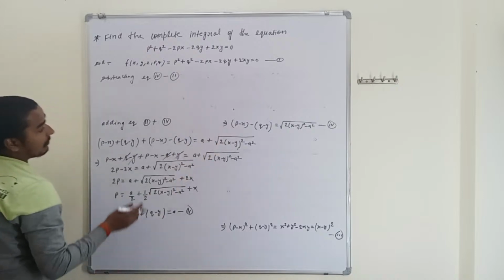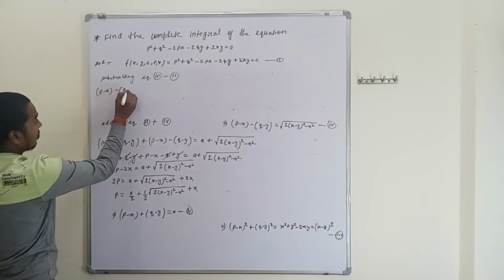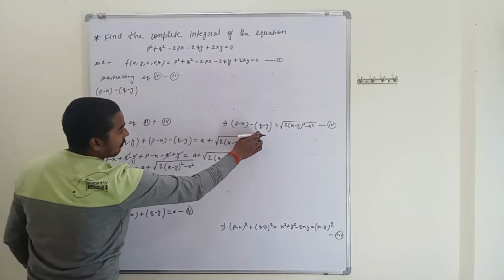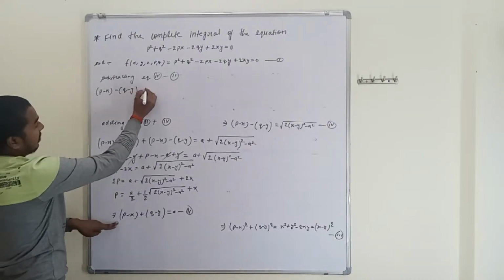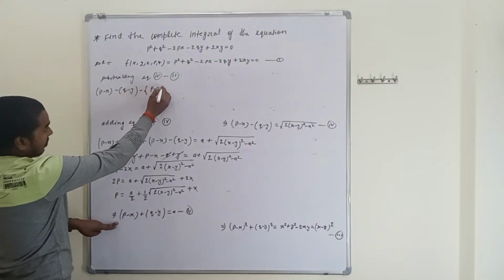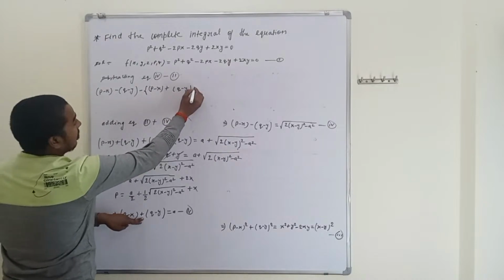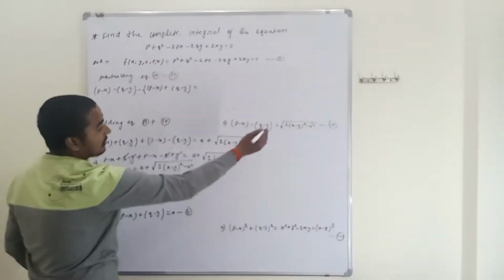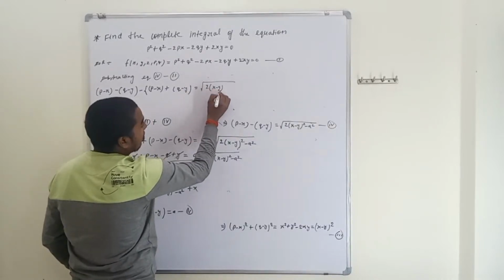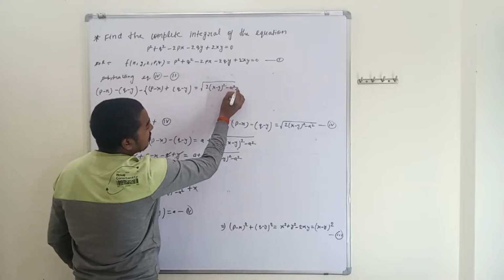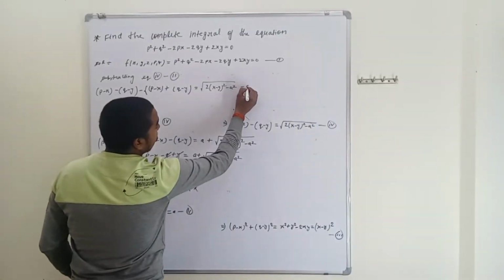Equation 4 of left hand side is p minus x minus of q minus y. This is the left hand side of equation 4, and from here, that is equation second of left hand side is minus of p minus x and plus of q minus y, and the equation fourth of right hand side is under root of 2 x minus y whole square minus of a square, and from our equation second of right hand side is a, that is minus of a.